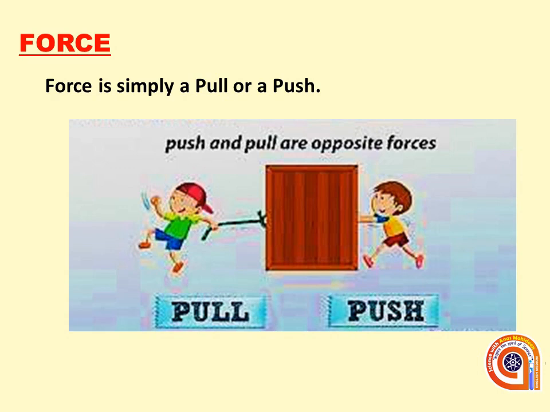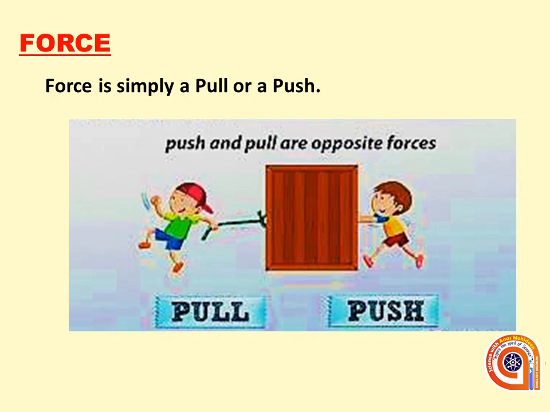And by applying a force, the speed of an object can be changed, either increased or decreased. And the direction of an object can be changed. And also the shape of an object can be changed.